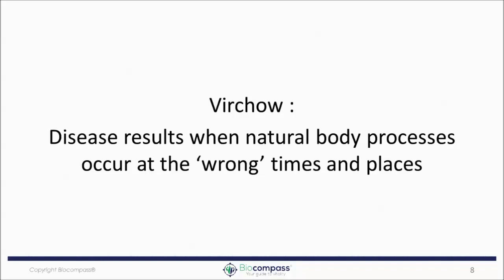Disease results when the natural body processes occur at the wrong times and places. I like this definition. I don't like the word wrong though, because wrong is a value judgment and assumes that the body makes mistakes. And I don't believe that. I like to say disease results when natural body processes occur at inconvenient times and places.